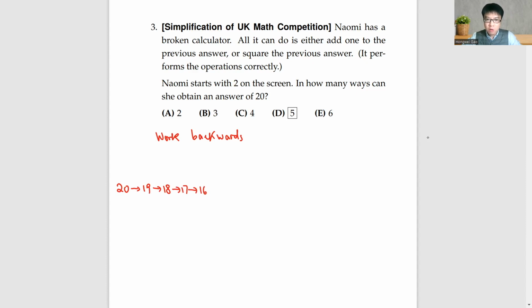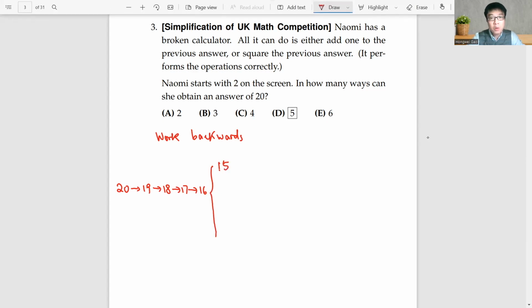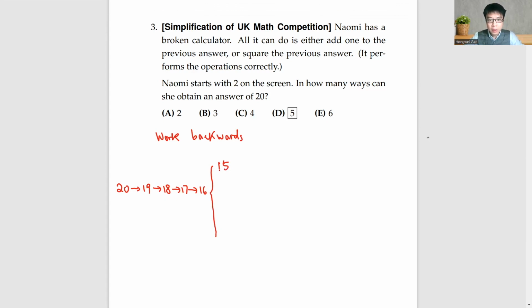It could be achieved in 2 different ways. The first way is from 15: 15 plus 1 is 16. And there's a second way because the calculator can square the previous answer. So 16 can come from 4, by squaring 4 we get 16. Okay, now we have 2 branches, so we can apply similar discussions to these separate branches and check how many ways.